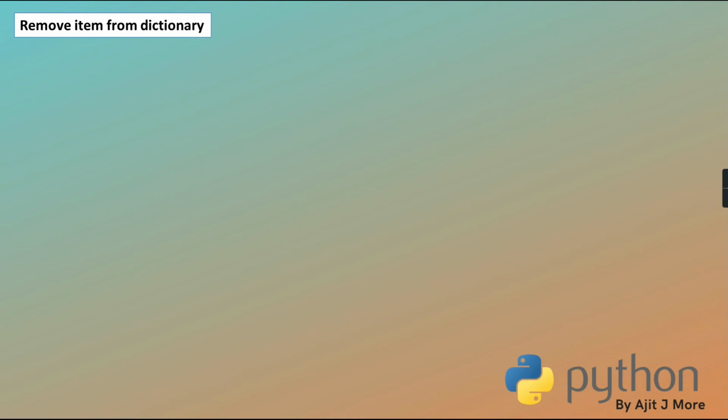To pop you have to pass a key. It will return the value of that key and it will also remove it from your dictionary. Okay, all one by one we'll see.